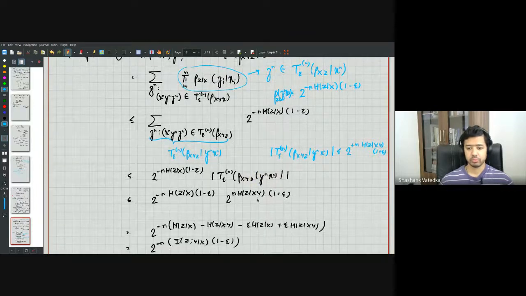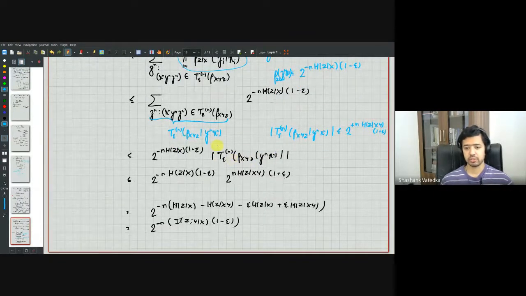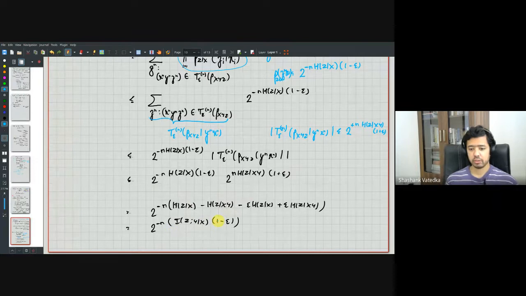But we've already seen the size of the conditional typical set. It is less than or equal to 2 raised to n times h of z given xy times 1 plus epsilon. And this basically simplifies to 2 raised to minus n times the mutual information between z and y given x times 1 minus epsilon. All right.